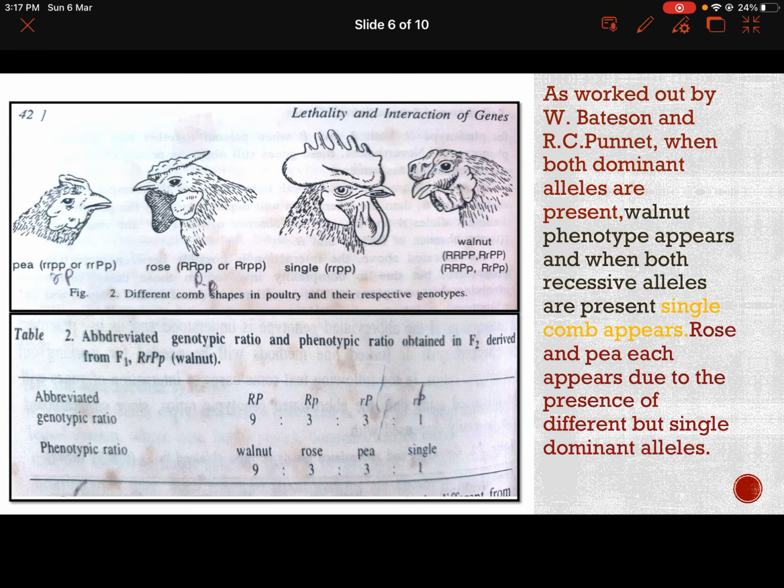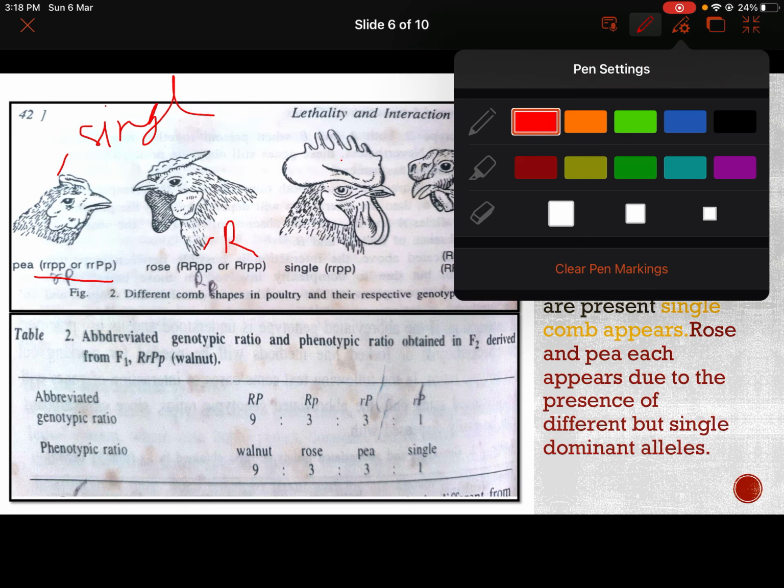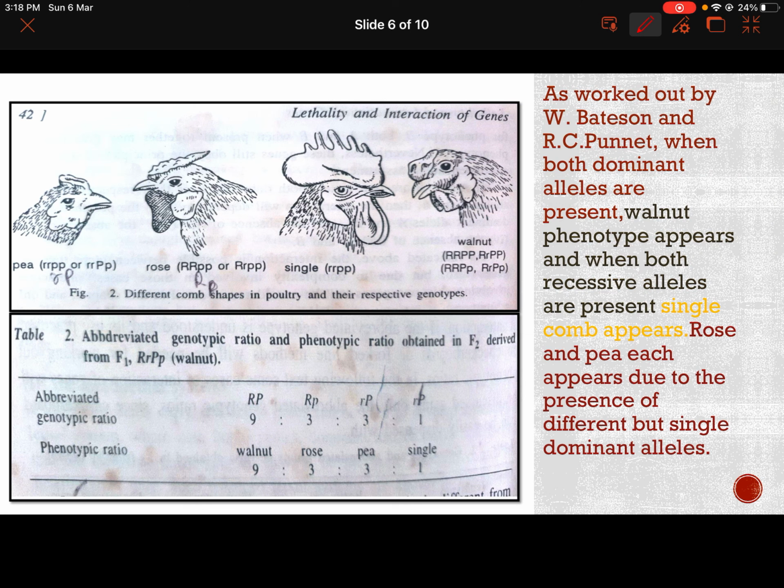Here we can see when both the recessive alleles are present, the comb shape is single. When only one capital R, one dominant gene, is present, it is rose. This is the single genotype, only recessive present.